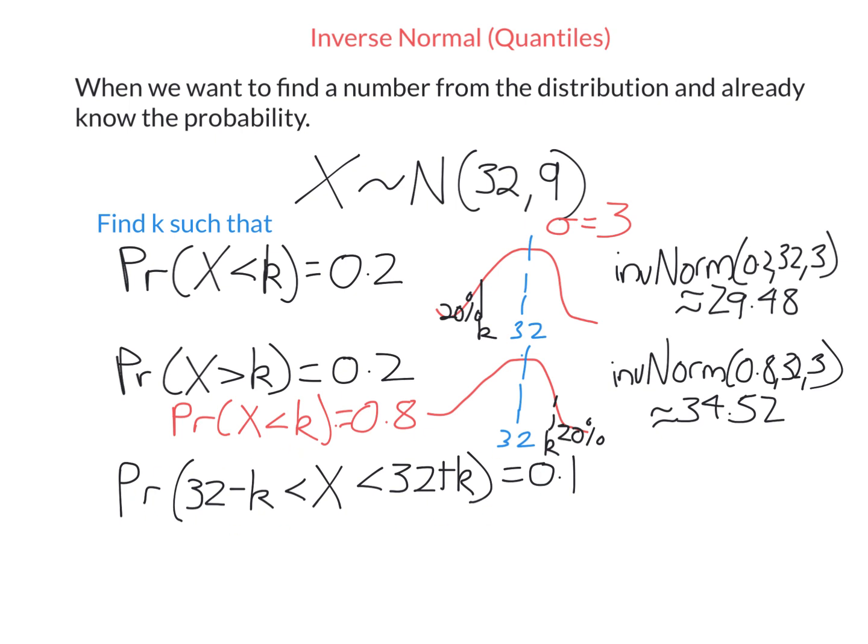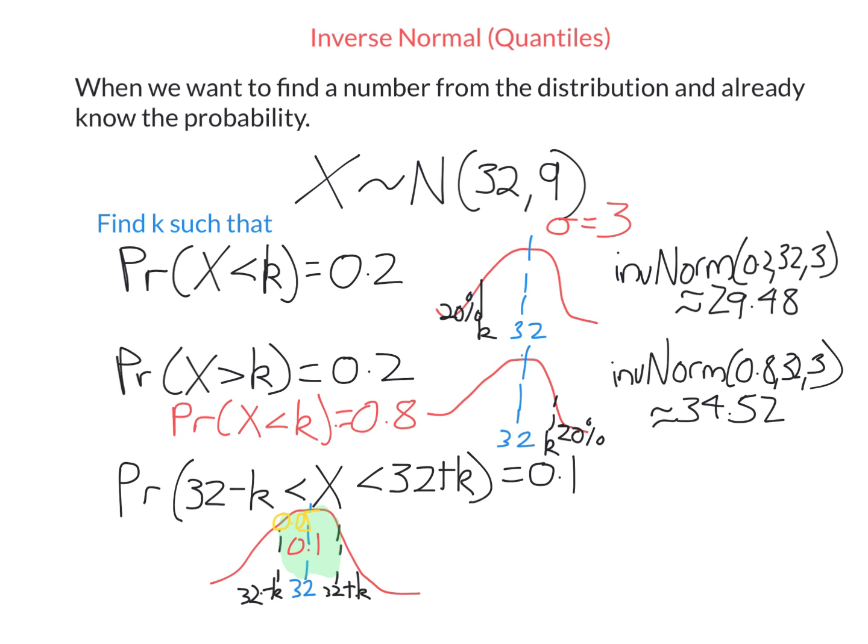So what about this one here that's a bit tricky? We're going to need to draw a diagram. So here we want to find a value K such that 10% of scores are within K units of the mean. So the problem is our inverse normal function only calculates when you know the probability of being less than a certain value. Now, because of the symmetry of a normal distribution, 5% of scores, 0.05, will be the probability of being in just this part here.